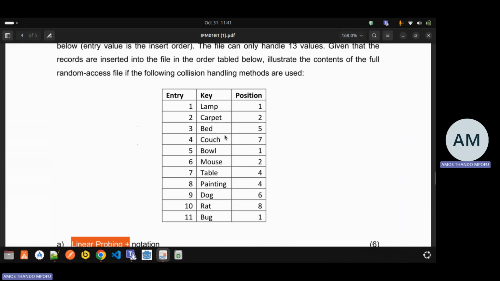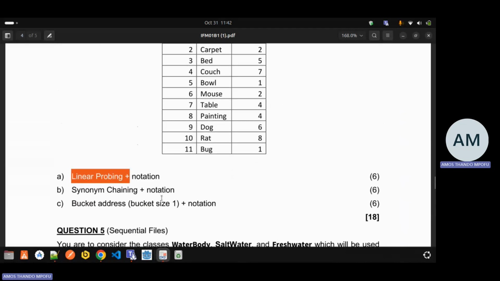Two pass, what it does is you add what's currently there, the first pass, right? The first time. And then you leave the collisions aside. Then in the next pass, you add the collisions, looking for the next available space. So that's linear probing.